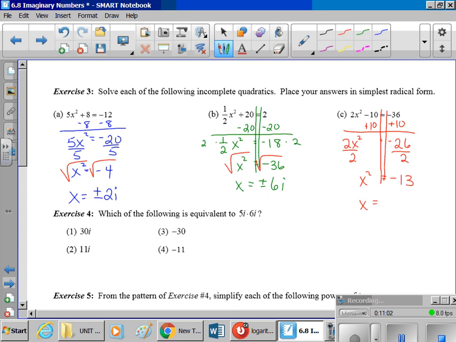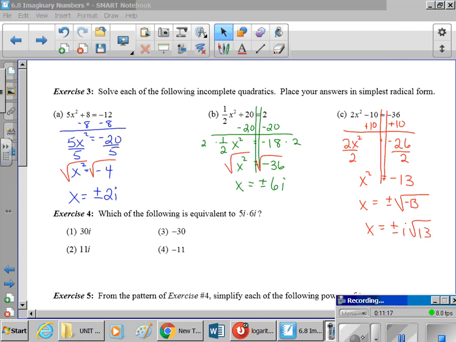And x is equal to plus and minus the square root of negative 13, which is going to be x is equal to plus and minus i rad 13. With that last one, it's the same thing. Even though the i is kind of behind it, because we think about that negative 1, we pull it out front. And radical 13 can't be simplified any further.